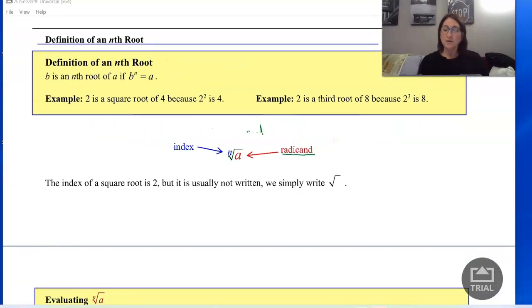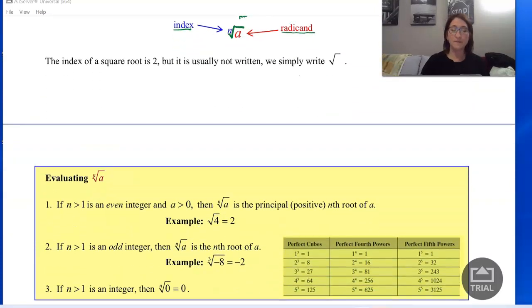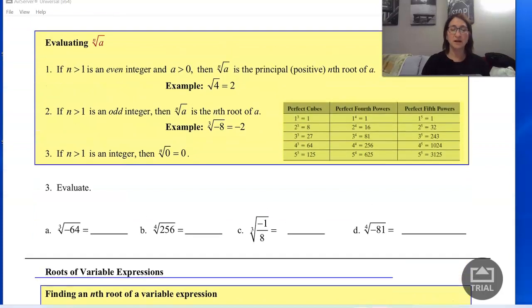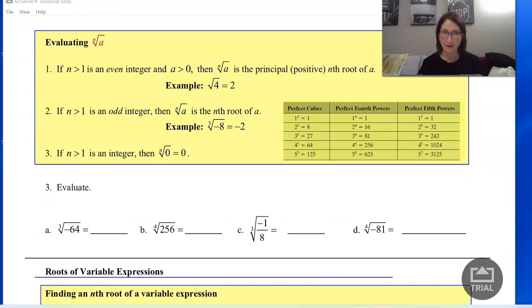Okay. So here we go. Let's look at evaluating a radical, the nth root of a. We don't know what n is, but here are some things we do know. If n is even, then that is going to give us a principal positive nth root, like the square root of 4 is 2.